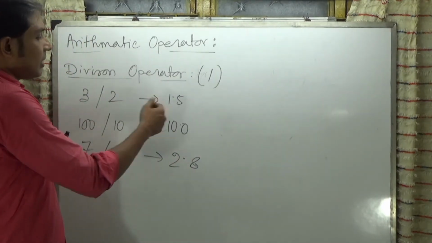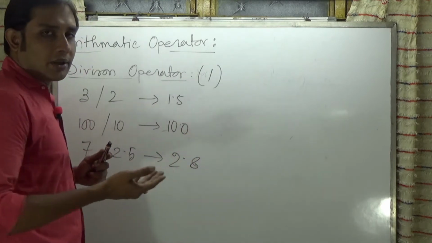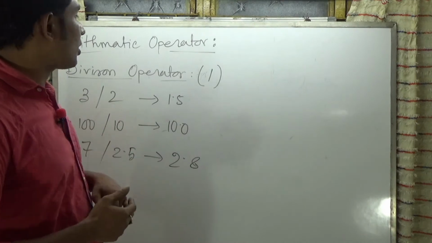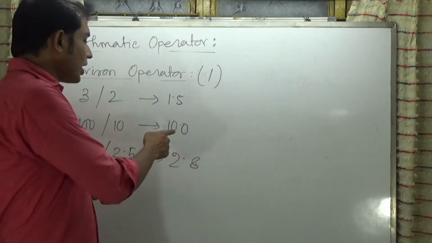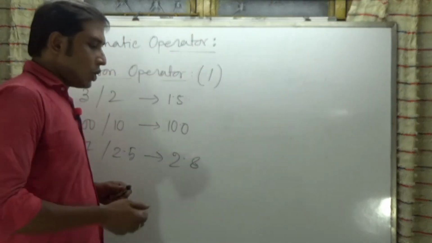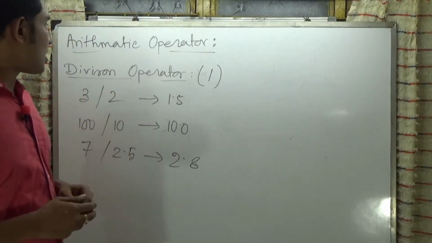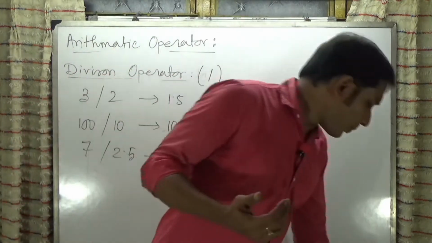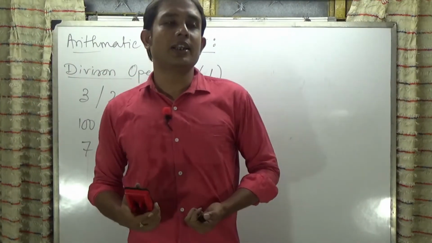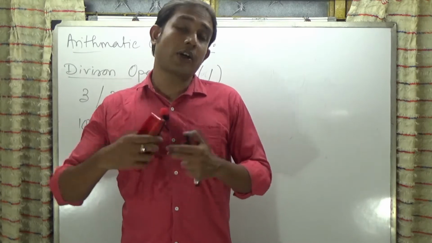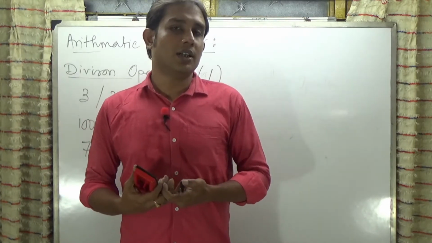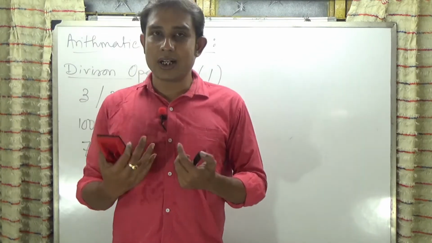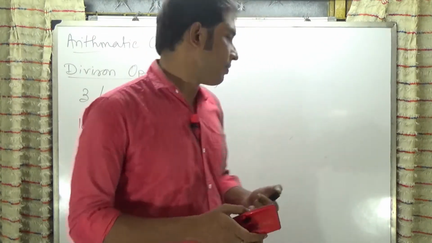In this case the quotient must be a whole number, but as the division operator always returns a float type value, it becomes 10.0. In this way the division operator works. This works in Python 3 or later versions, but in older versions it may work in different ways.